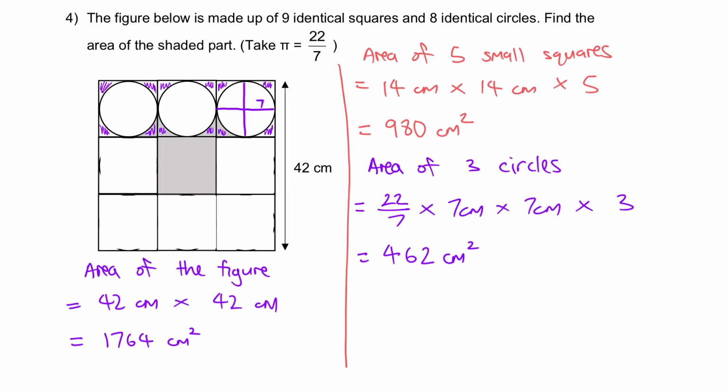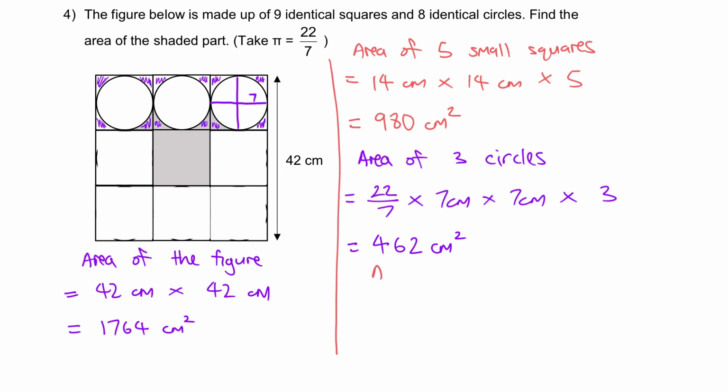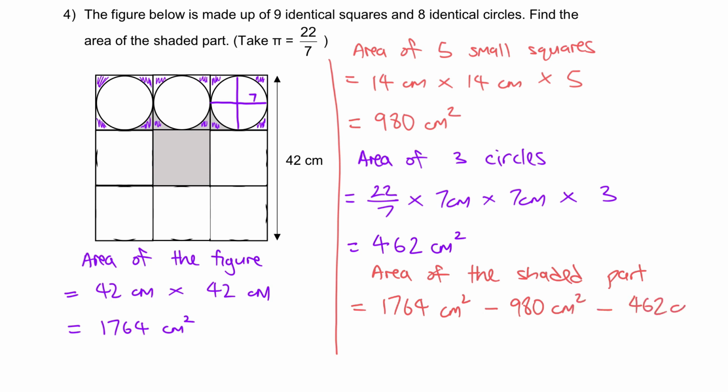Finally, moving on to the answer, area of the shaded part, which is equal to 1764 minus 980 minus 462. 322 cm square.